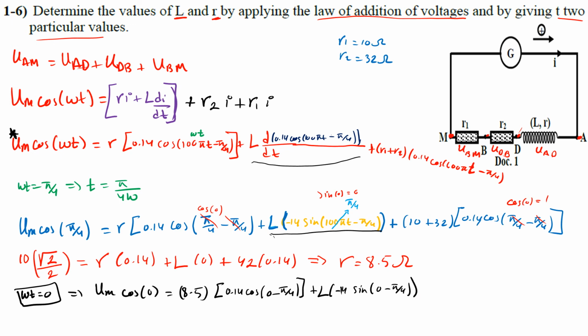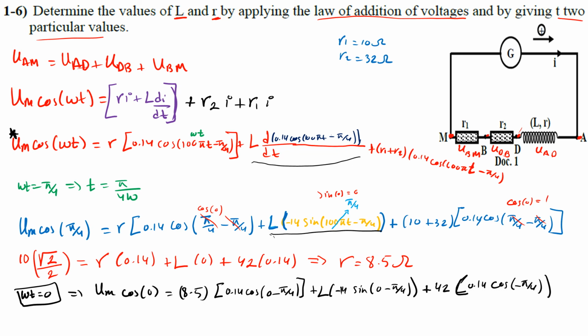So instead of omega t, whatever we have omega t, I replace it by 0 on this part, plus 42 into 0.14 cosine of 0 minus pi over 4, so cosine of minus pi over 4.